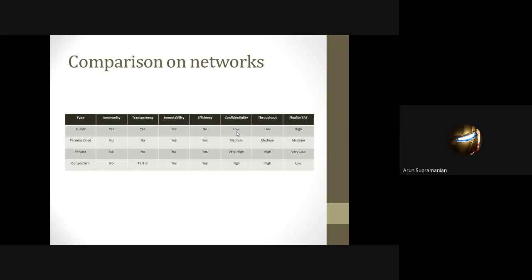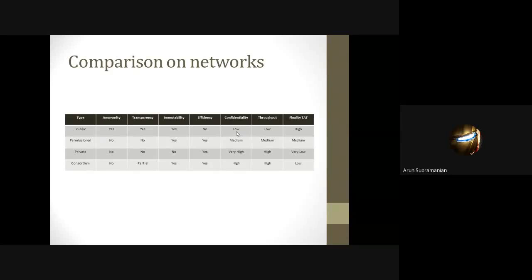Within that, the conditions are examined. It's not 1 million versus some small number. So always the small number wins, right? So in a private network, the finality turnaround time is very low. And in consortium, it is low. Here as well, we don't have unlimited bodies, but still we have multiple banks and other government regulatory bodies. So here the finality turnaround time is comparatively low.